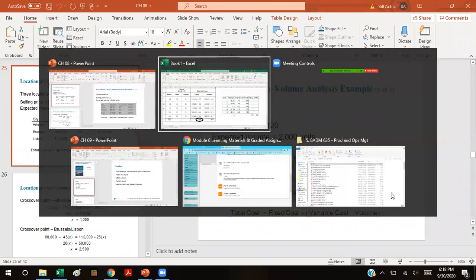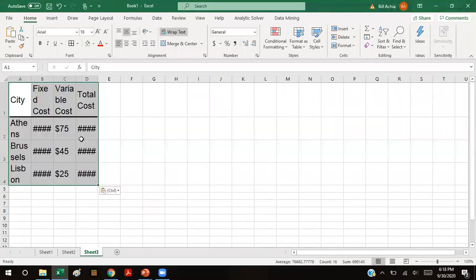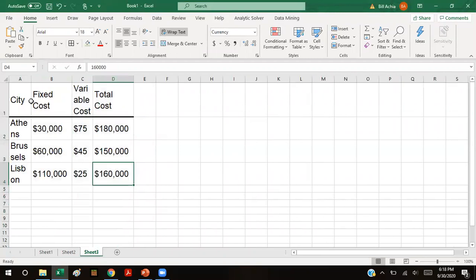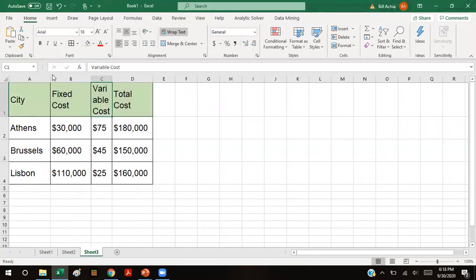But even if not, let's go ahead and do it together here. Okay, so we have 3 locations here, and we're trying to figure out which of these 3 locations we should set up a plant in, okay?